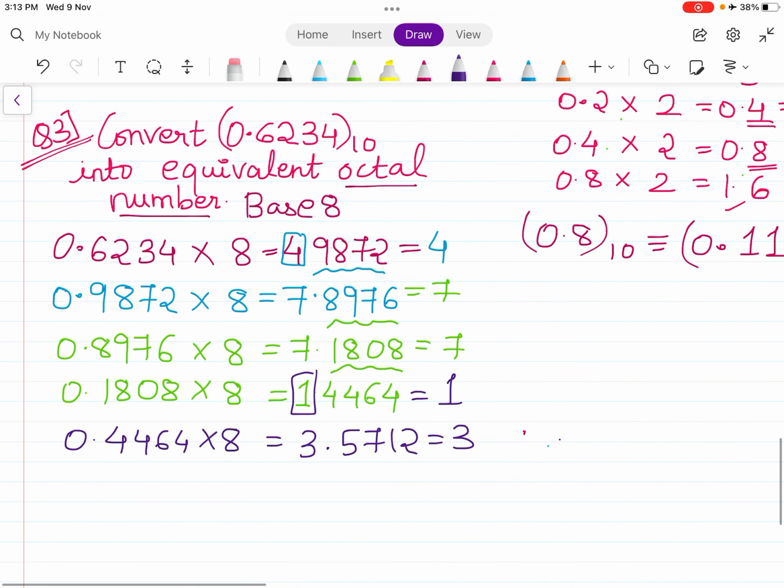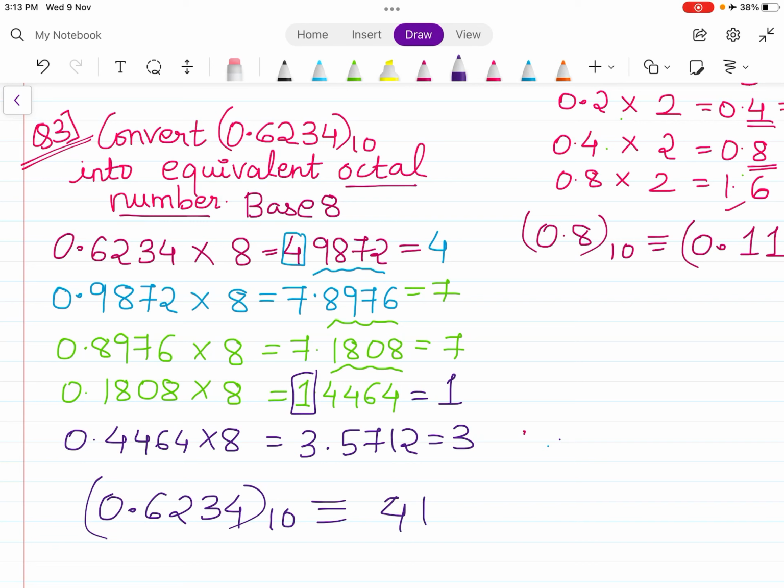So what is the final answer? We get 0.6234 to the base 10 corresponds to 0.47713 to the base 8.